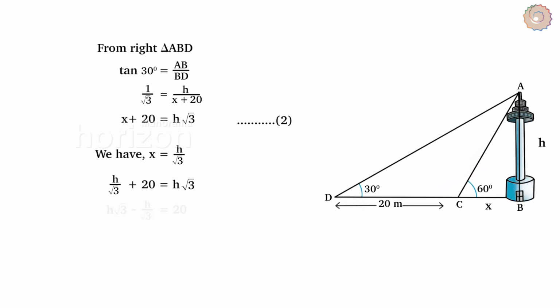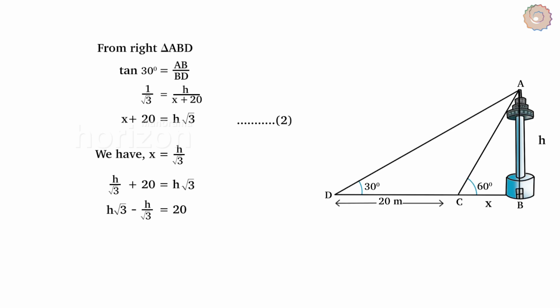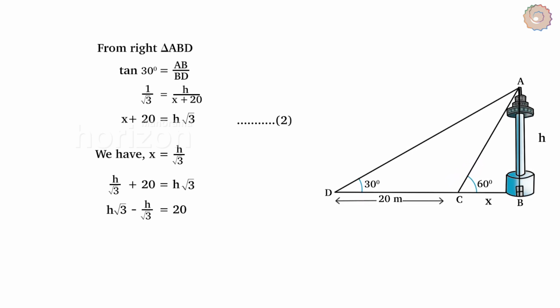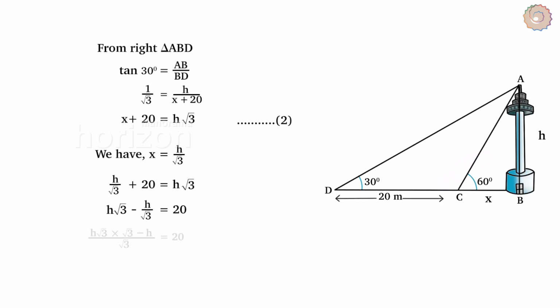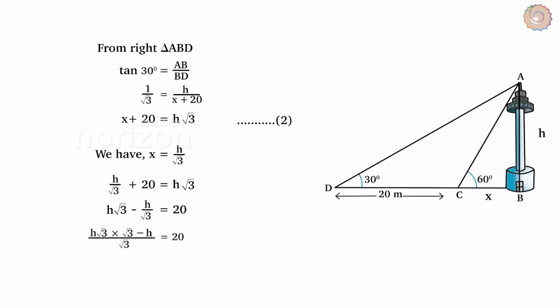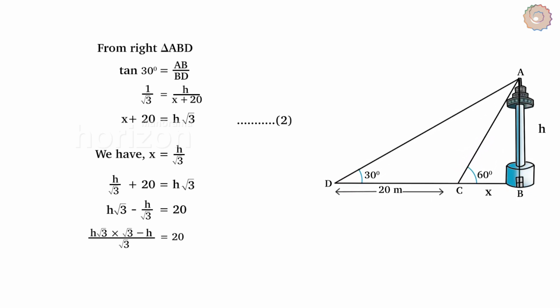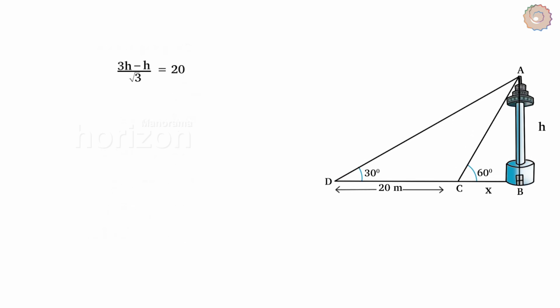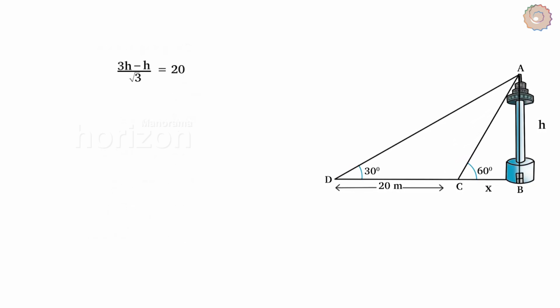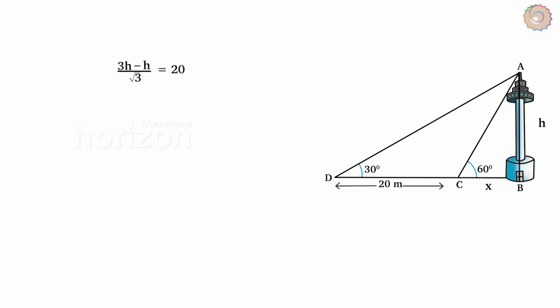Now rearranging, we get h root 3 minus h by root 3, which is equal to 20. Now taking the LCM as root 3, we get h root 3 into root 3 minus h, divide the whole by root 3, which is equal to 20. That is 3h minus h divided by root 3, which is equal to 20.